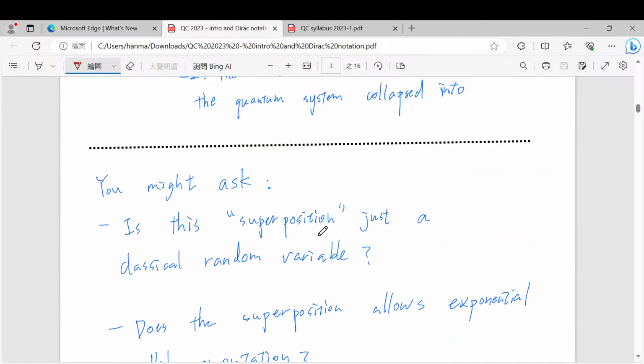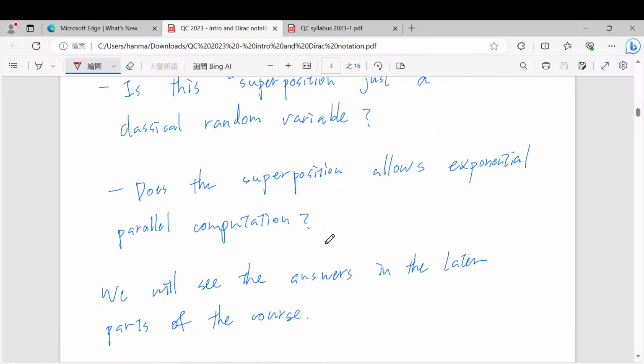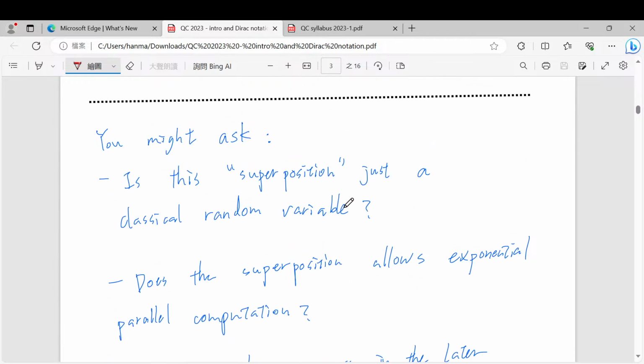Okay. And I guess as a spoiler, the quadrant here is no. That's why quantum computation is better than just classical computation with random variables.